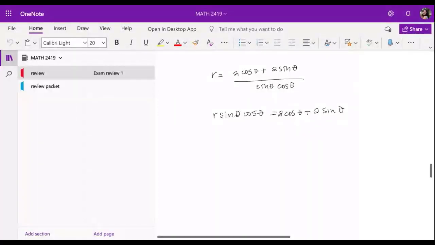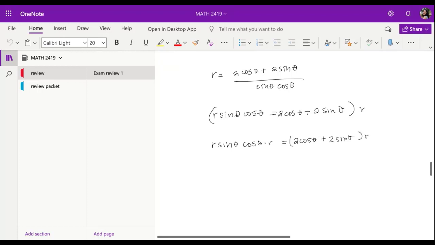So going from here, if we multiply both sides by r, we have r sine theta cosine theta times r equals 2 cosine theta plus 2 sine theta times r.